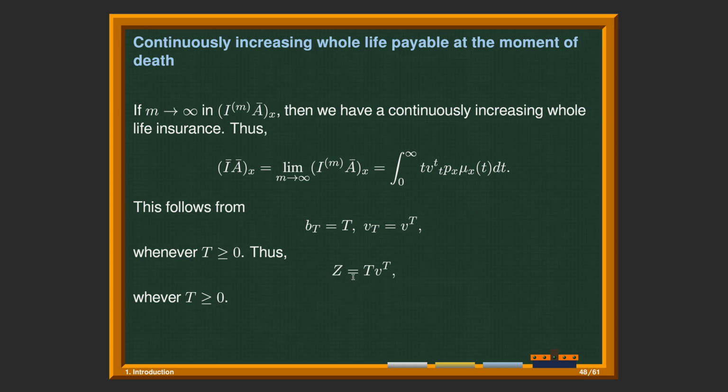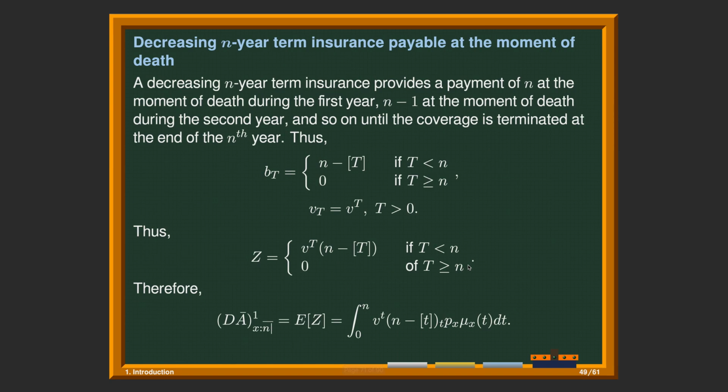And so the value of z is equal to t times v to the t whenever t is greater than or equal to 0, and therefore its expectation is this, right? So it's the integral of t times v to the t tpx mu sub x of t dt from 0 to infinity.